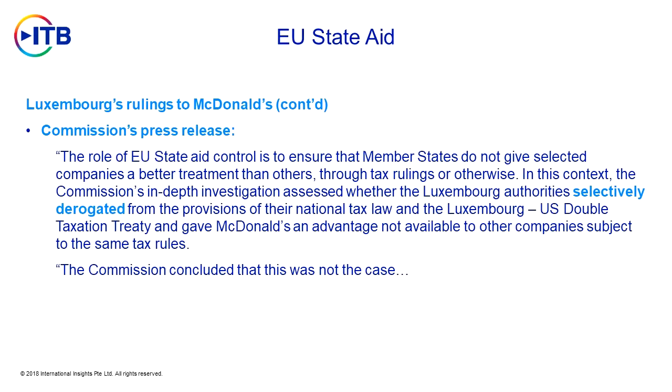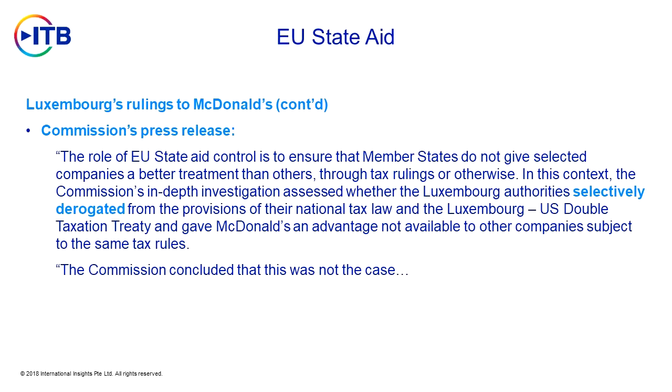The Commission's press release says this: the role of EU state aid control is to ensure that member states do not give selected companies a better treatment than others through tax rulings or otherwise.